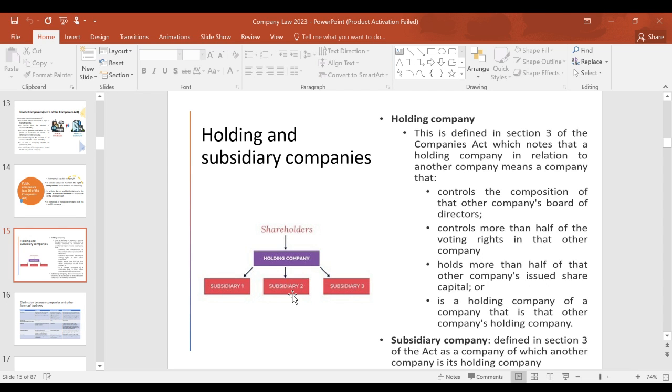So if it's a wholly owned subsidiary, it means it's 100% share capital owned by the holding company. So that means they can always change the directors the way they want. They can always vote for any resolution and pass it the way they want.